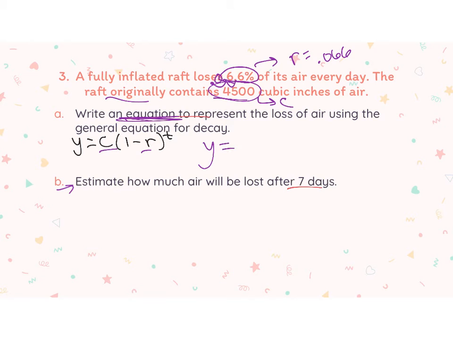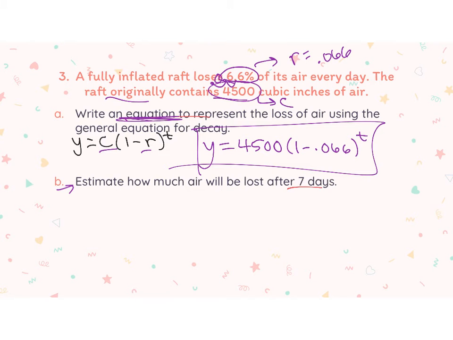So my equation looks like y equals 4,500 times 1 minus 0.066 raised to the t power. So that's my equation for part A. Then in part B, how much air will be lost after 7 days? You've got y equals 4,500 times 1 minus 0.066 raised to the 7th power.